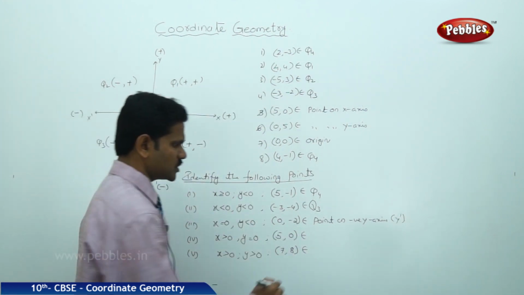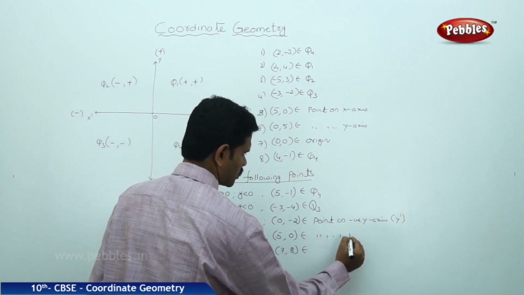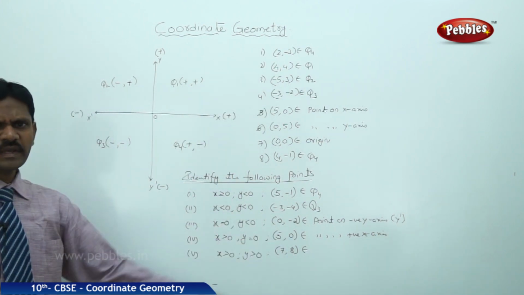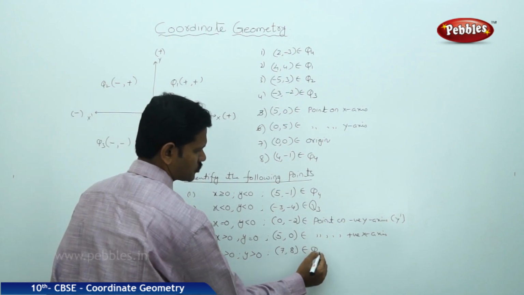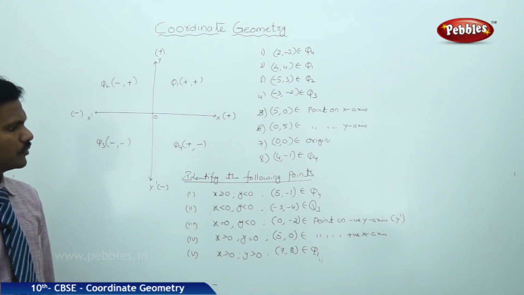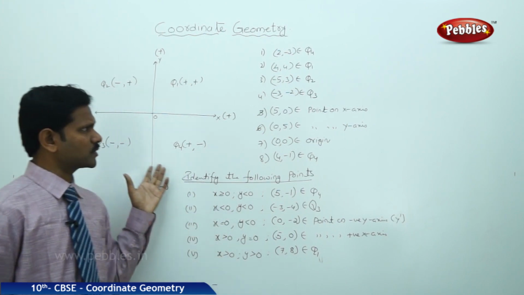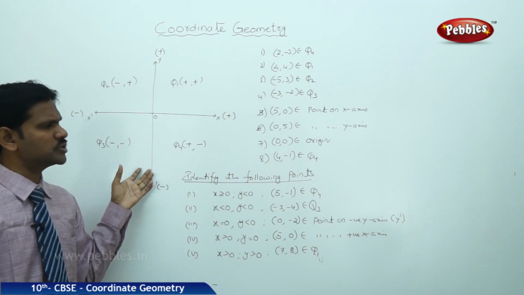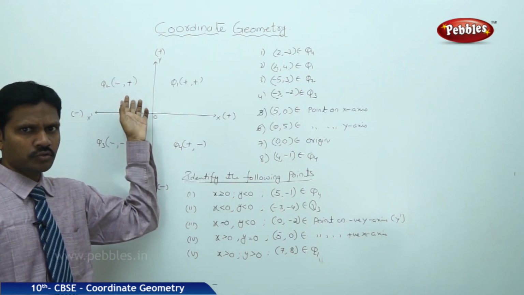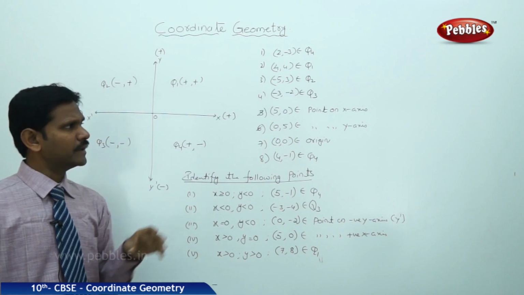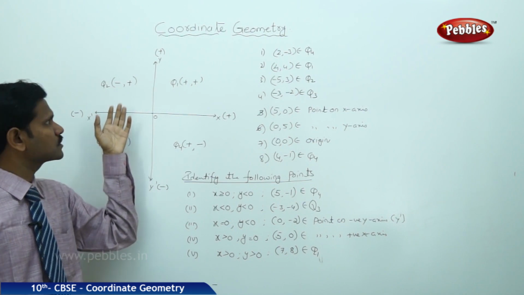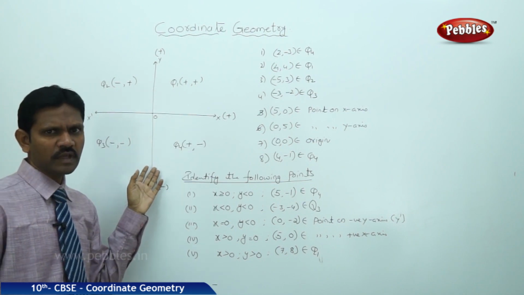Now 5 comma 0 is a point on the positive x-axis. 7 comma 8, both are positive, which belongs to Q1. From this concept, what we understand is how to identify which quadrant a point belongs to, Q1, Q2, Q3, Q4, and whether points are on the positive x-axis, negative x-axis, positive y-axis or negative y-axis.